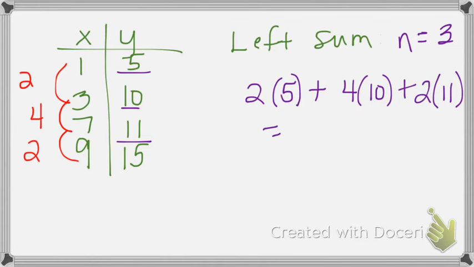So those are how wide they are when I make them. Now, if I would have said use the right-hand sum, I still would have a 2, 4, and a 2. But I would use 15, 11, and 10 instead of the 5. Okay? All right, so that's 10 plus 40, which is 50, plus 22, I think it's 72.